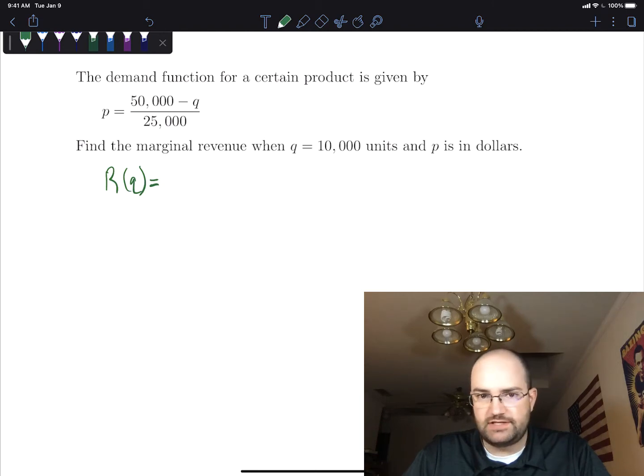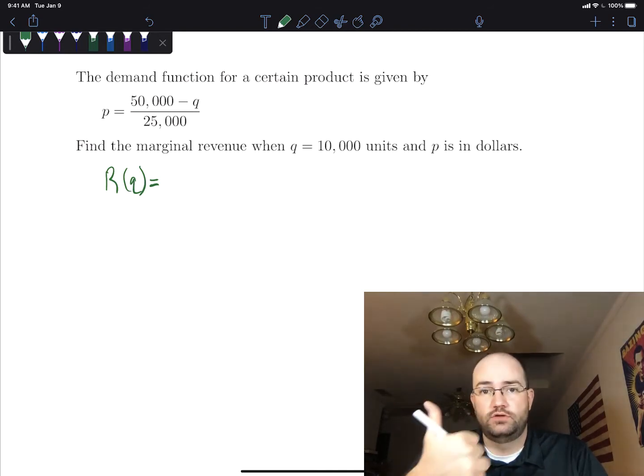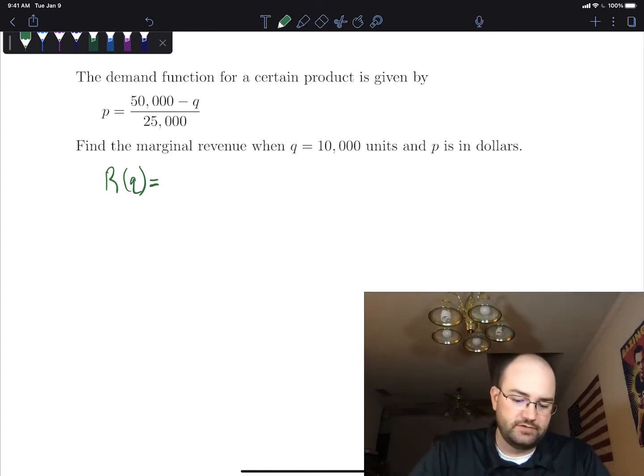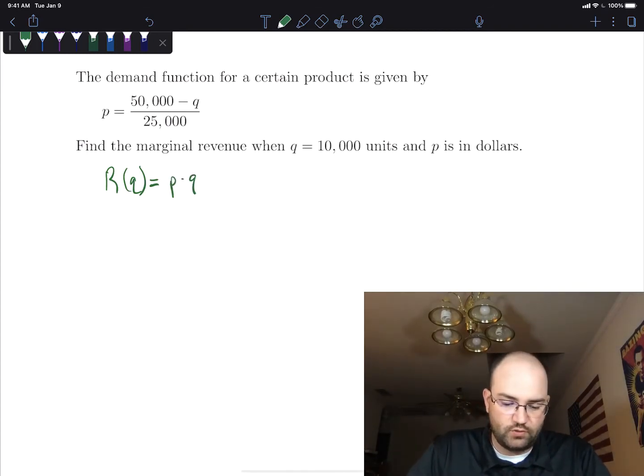If I sell you 30 hot dogs, and every hot dog is $2 a piece, how much money should you give me? You very likely said $60. Why? Because you had $2 a piece, and there were 30 of them. What did you do? You multiplied them. The price times the quantity. That's all revenue is. It's price times quantity.